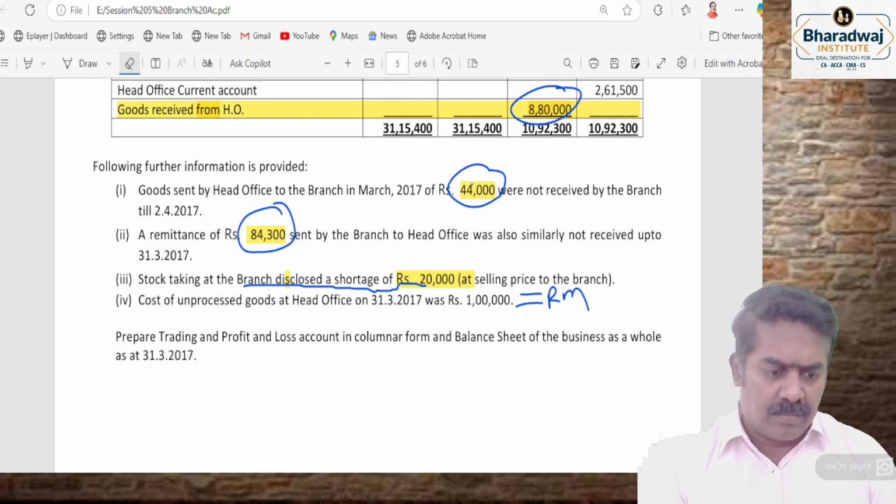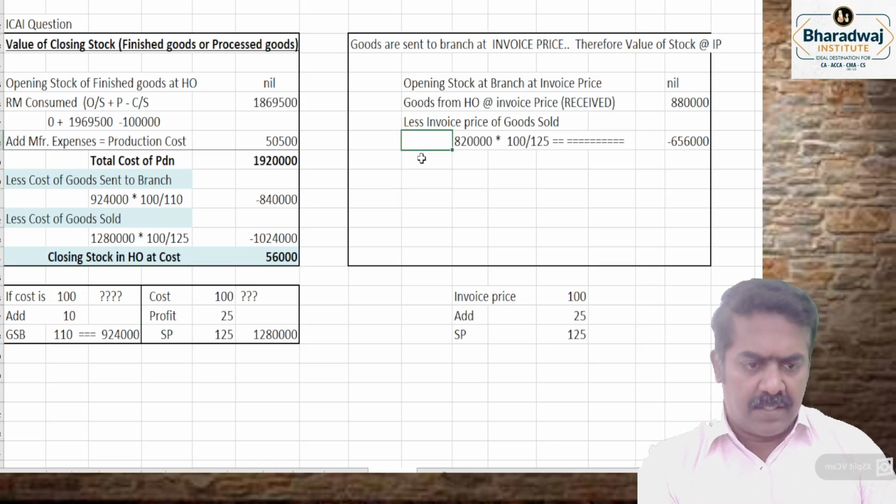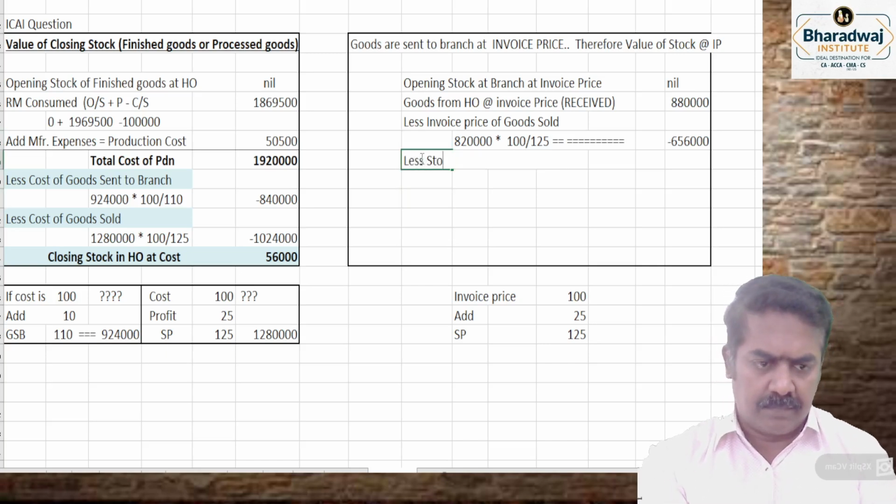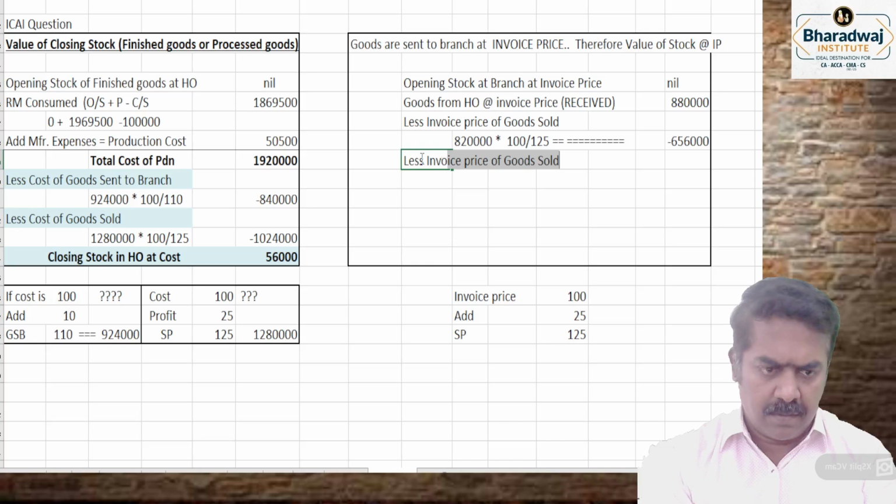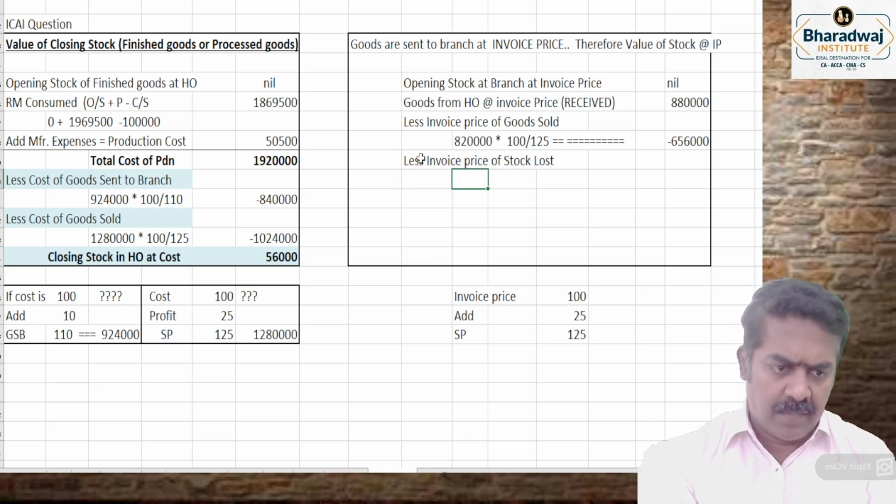So less stock lost, or invoice price of stock lost: 20,000 into 100 by 125. This is the invoice price of stock lost.